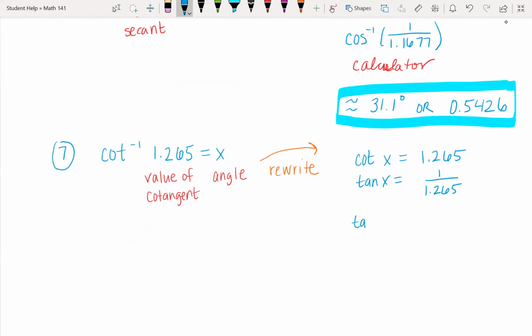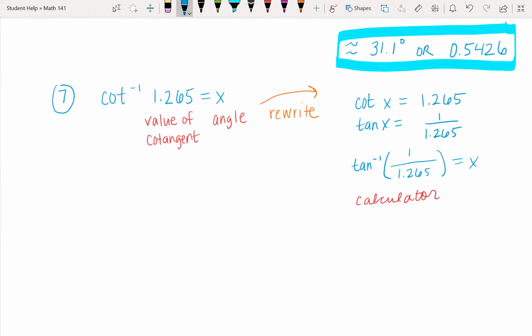So in the calculator, we'll enter tangent inverse 1 over 1.265, and that'll give us back the angle. So entering this into the calculator is going to tell us that x is approximately 38.3 degrees, or 0.6689 radians.